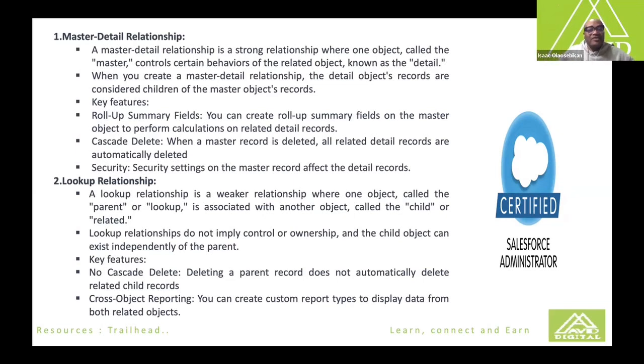That is another very, very core feature you need to understand about master-detail relationship. I will say it again because it used to come out in the exams. You see it as a multiple-choice question.